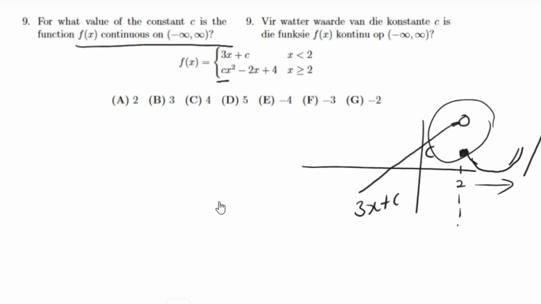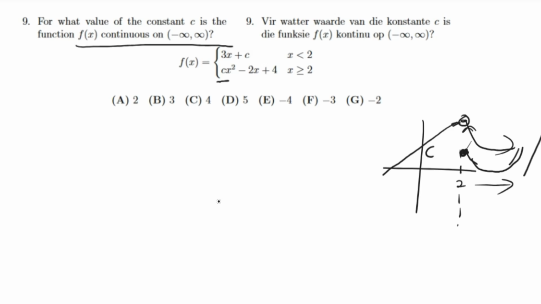We want to solve for c such that this value will be up there, starting from there to the right, and then do whatever it wants to the right. So how do we solve this problem? At the value of x that is 2, this function must be equal to this function, and then the function will be continuous.